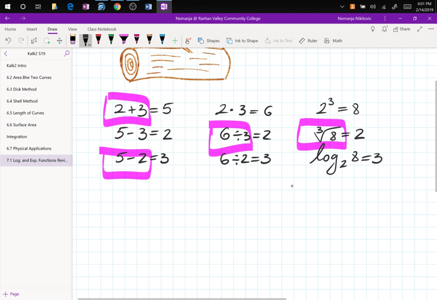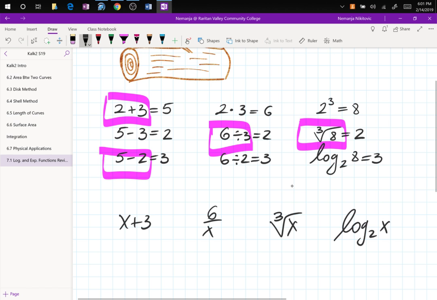So we can go to 2 plus 3 and make it x plus 3, and now it's a linear function. We can go at 6 divided by 3 and call it 6 over x, and now it's a rational function. You can go here and say cube root of x, and it becomes a radical function. So if you go into a log and go log base 2 of x, it becomes a logarithmic function.